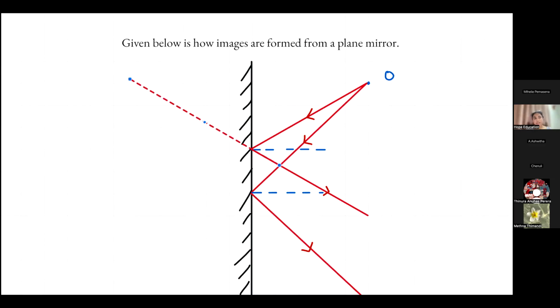This is one reflected light ray, and I extend it backwards. When extending it backwards, draw dotted, dashed straight lines, using a ruler. Then the other reflected light ray, I also extend backwards.